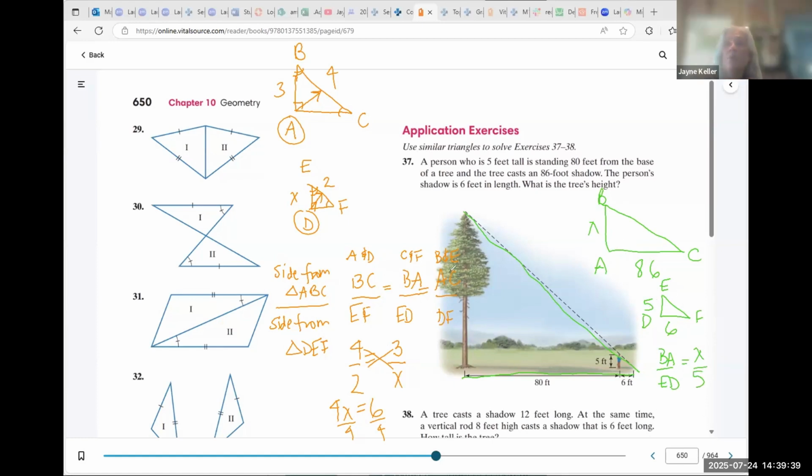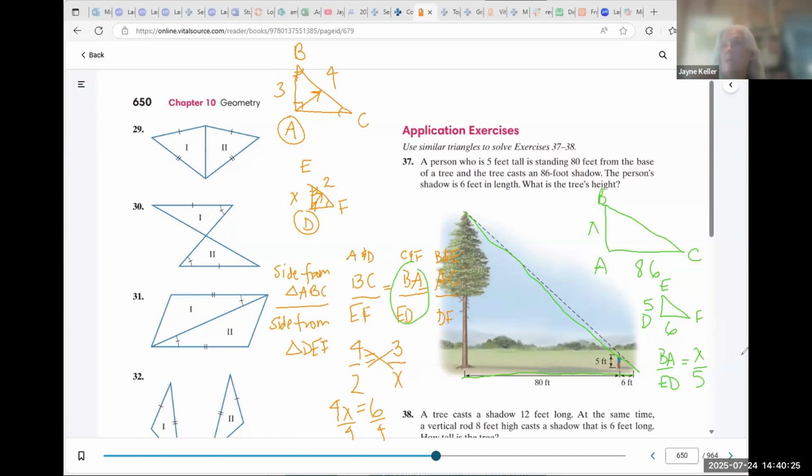Which of these two do we know? We don't know EF, that's this one. DF, yes. So we know AC to DF. Whoops, did not mean to do that. Hold on, I messed this all up. Undo that.